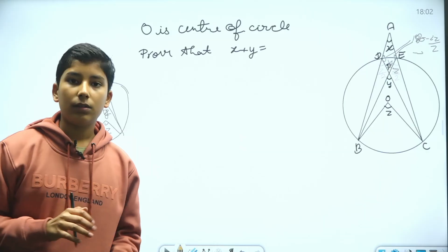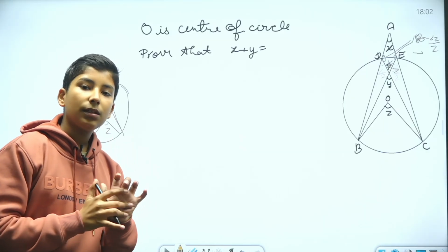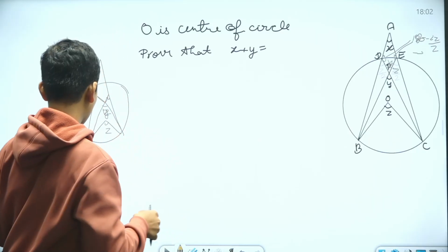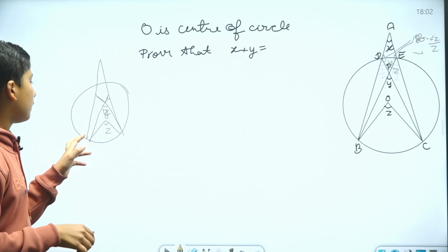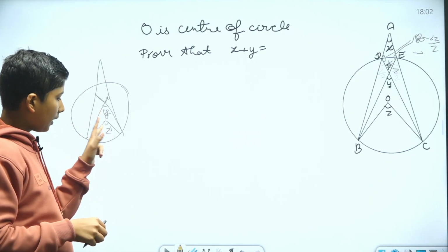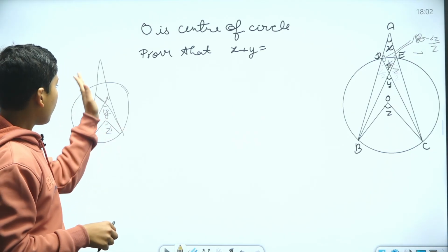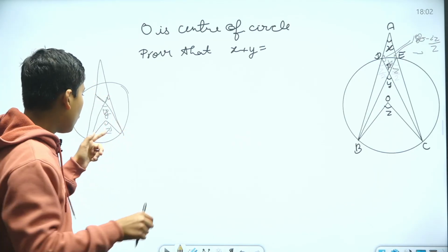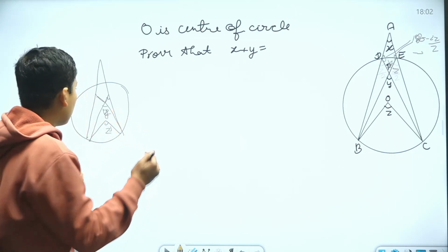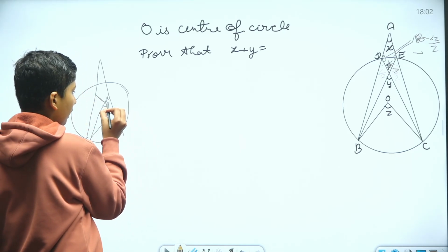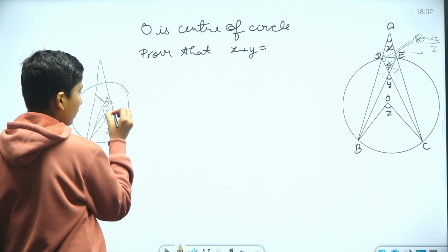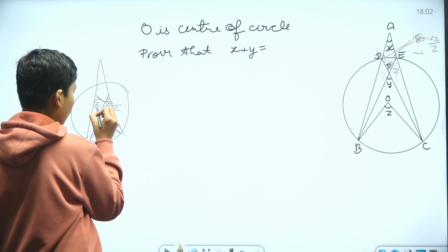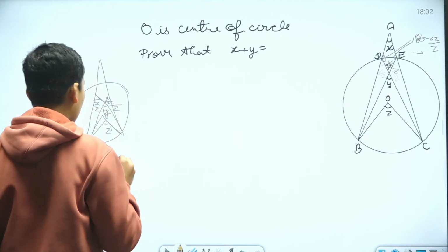We know the angle subtended by an arc in the center is double the angle by the same arc in any other part of the circle. For example, this is at the center and this is z. So the angle touching this part will be half of this angle z. So we can write this z by 2. This also z by 2.